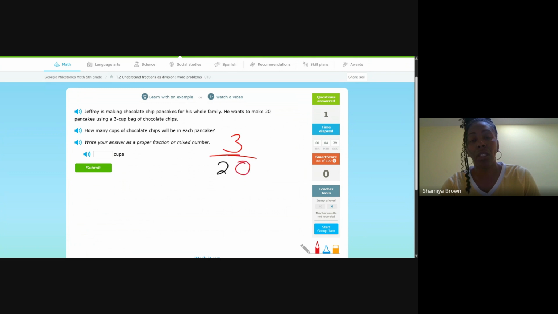So 3/20ths. Thinking that's it. So he wants to make 20 using 3 cup bag. Yeah, so that should be it, but I'm going to look at the example.